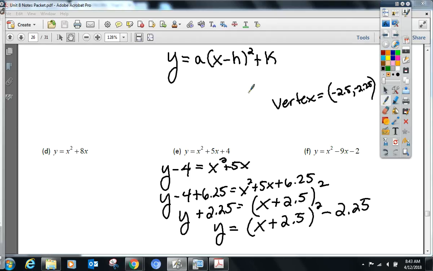Because watch, I plug in a negative 2.5 just for h, Emma, just for h. What are those 2 negatives going to turn into? Positive, right? And this is plus k, all right? And this ended up being minus 2.25. So really, take a look, and hopefully I don't make this even more confusing, but this is the same as writing plus negative 2.25. And what's your k value now? So that's why you don't turn that to a positive. Correct.